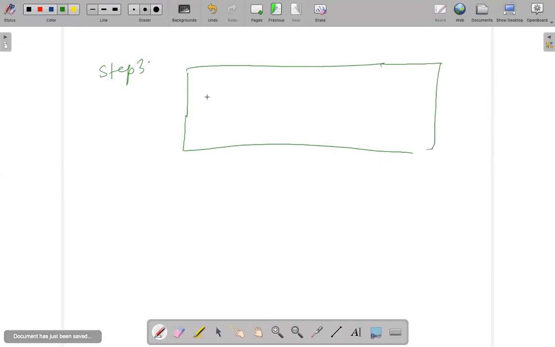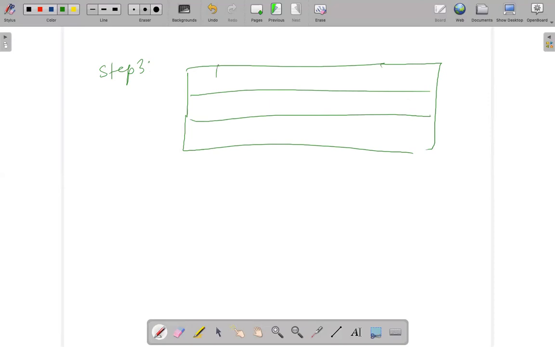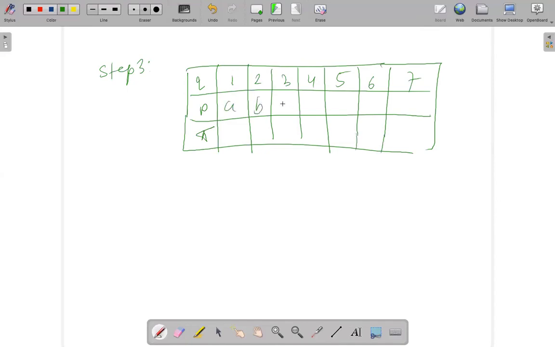I'll just write down the status of the table. In this step, your pi 4 becomes 2.